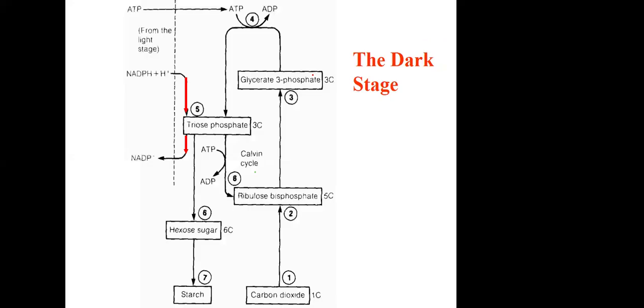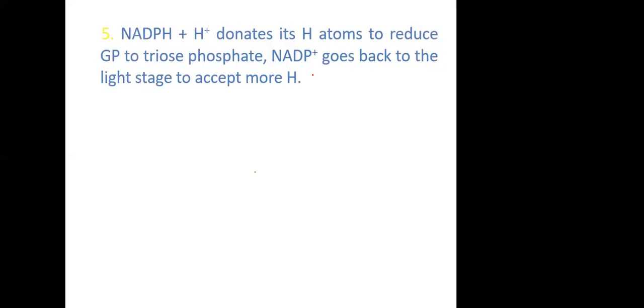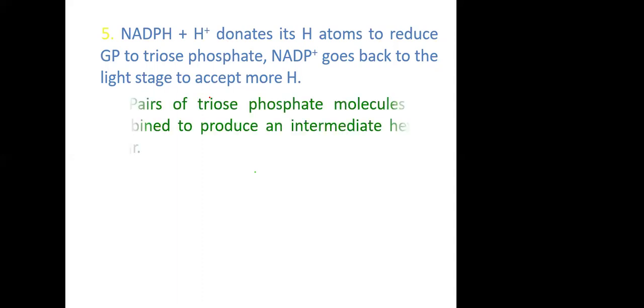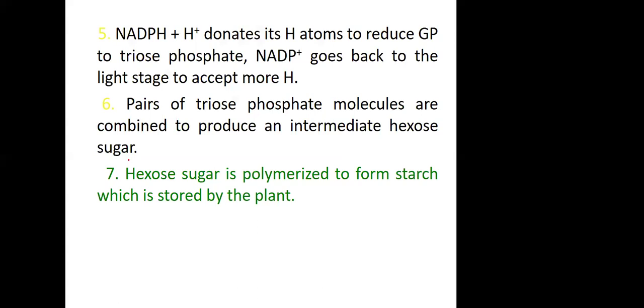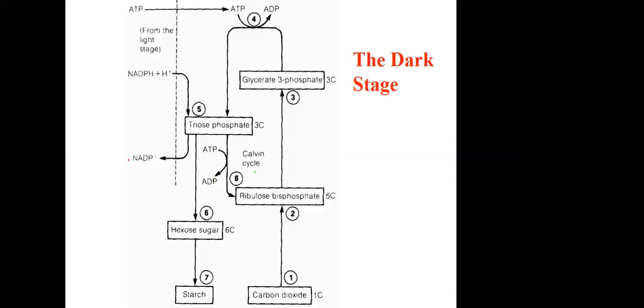That's what we've just said. Then a pair of triose phosphate molecules are combined to produce an intermediate hexose sugar. Okay, someone asked about that. And the hexose sugar is polymerized to form starch, which is stored by the plant.